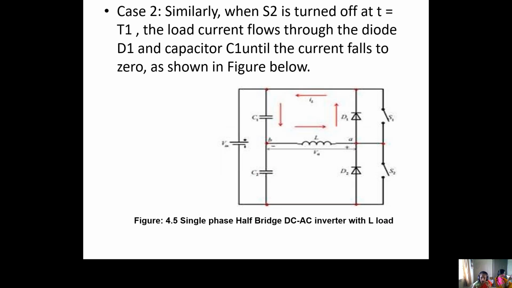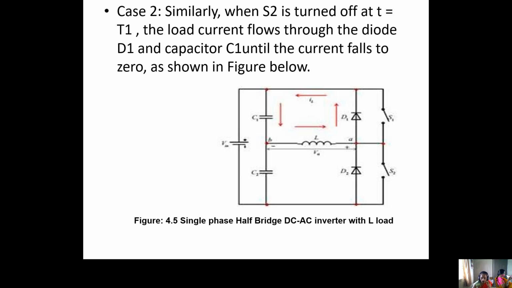In case 2, similarly, when S2 is turned off at time t equal to T1, the load current flows through diode D1 and capacitor C1 until the current falls to 0. Here in this figure we show the current flowing through C1 and the load. When S2 is turned off, the current flows like this.